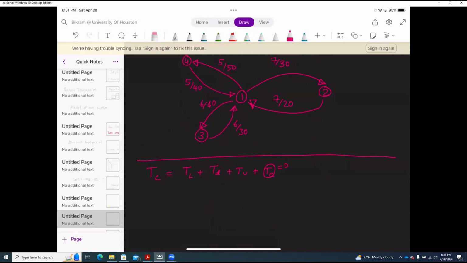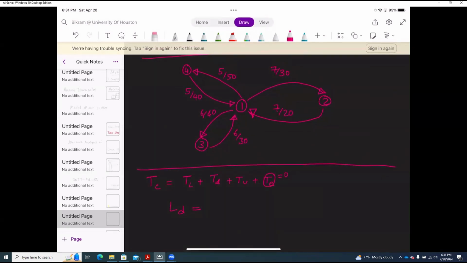All right, so first of all, let's calculate the distance. We can calculate the distance using this precedence diagram. We know that 7 parts travel 30 and 20 meters. If we just look at station 1 and 2, let's forget about 3 and 4.